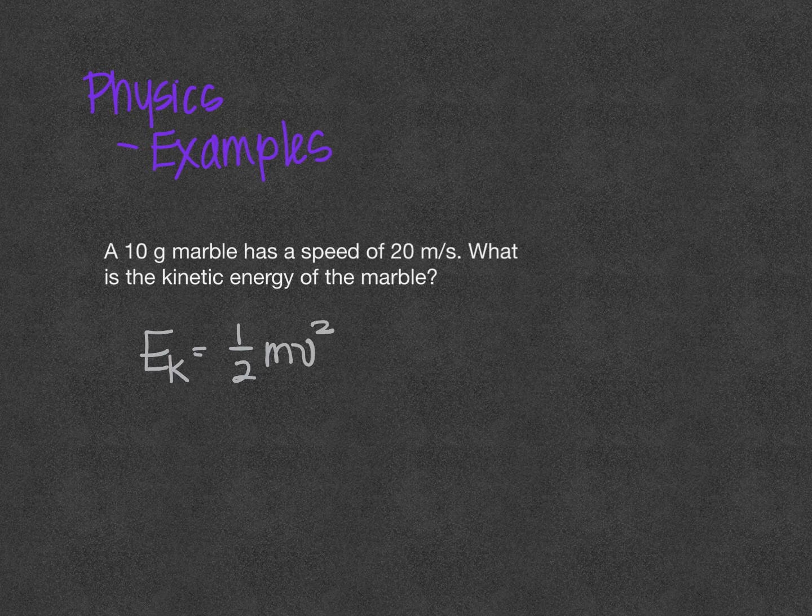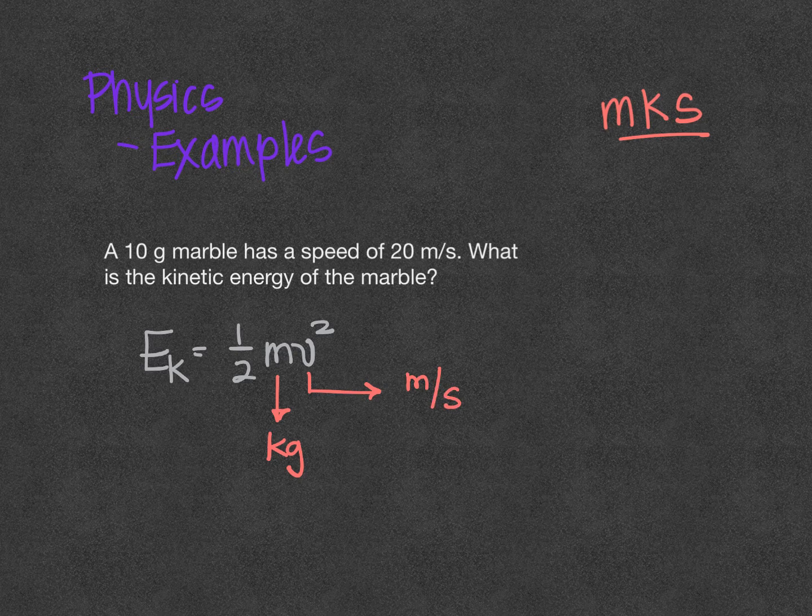Now let's look at the units for this. Mass will be in kilograms. Remember, in physics we have everything in meters, kilograms, and seconds, MKS. So our mass should be measured in kilograms. Our velocity will be in meters per second, but we're going to square it. So the unit would be meters per second squared.